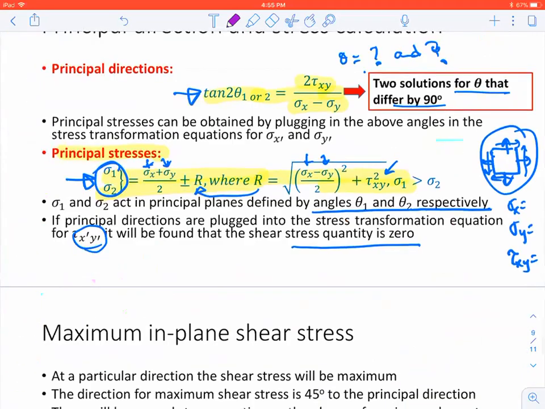Then compare it with whether it's the same as sigma 1 or sigma 2. If it is the same as sigma 1, then that theta is your theta 1. If it is sigma 2, then that theta will be theta 2 and the other angle will be theta 1. So this is to verify which angle goes with which principal stress. Okay, you have to verify that.